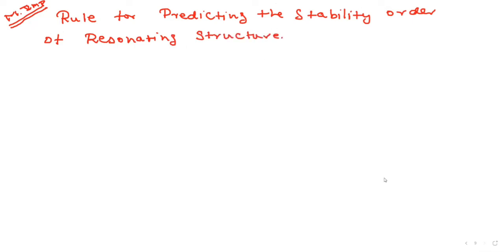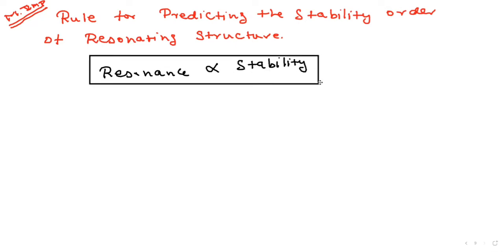Okay. First know the key point. What is the key point? As the resonance increases, the stability of the molecule increases. Very important. The stability of the molecule increases. It's a very important key point. Okay. Now, the more the number of resonance structures, the more stable it is. Please note. The more the number of resonance structures, the more the stability.